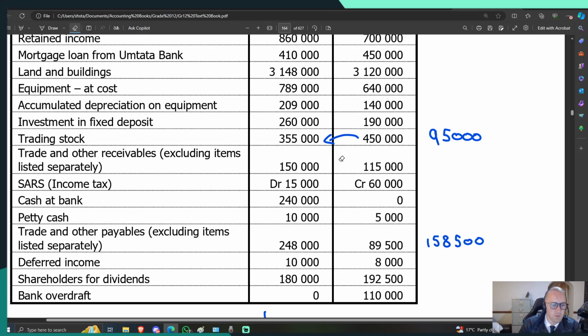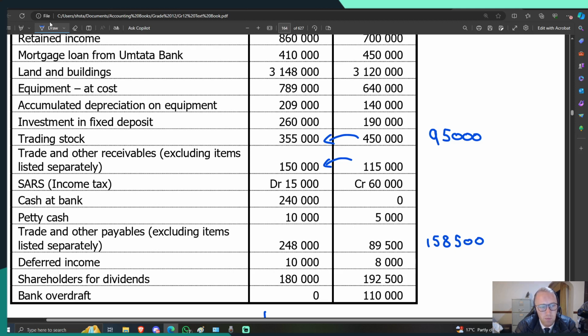Let's go back down to trade and let's go up to trade and other receivables, not trade and other payables. We're doing trade and other receivables, which is things like debtors or SARS if SARS owes us money, rent income if rent income is owed to us, or rent income owed to us would be in the form of income accrued. Or we could have prepaid expenses.